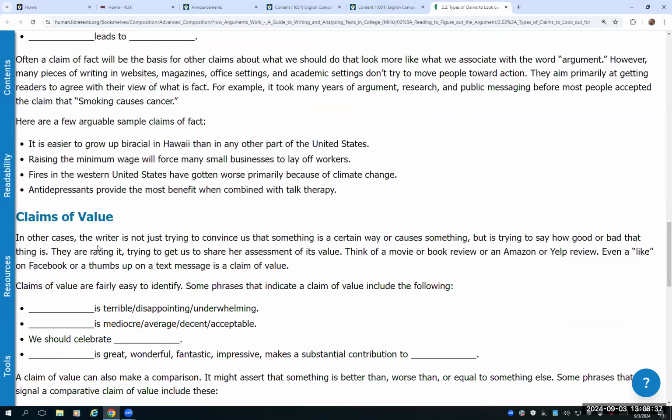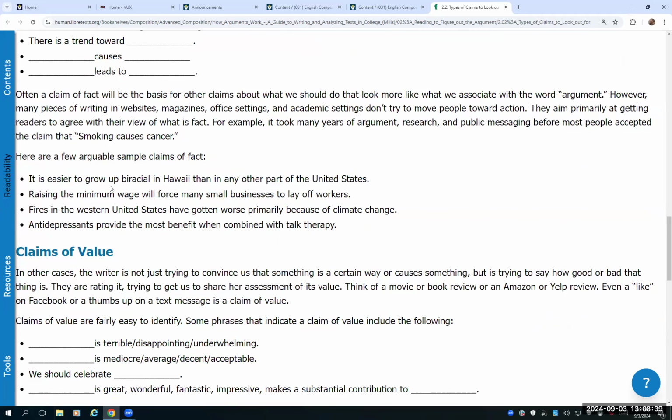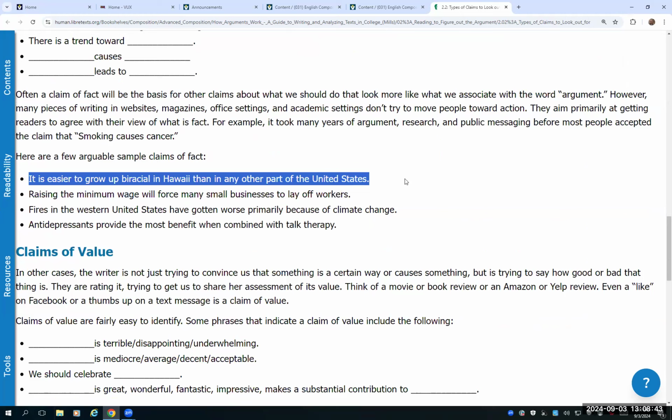Some examples here in our textbook of claims of fact is, and I'm just going to go over a couple of these. If you see something in an article and it says it's easier to grow up biracial in Hawaii than in any other part of the United States. If you're just reading that quickly, you may say, okay, they're telling me what they think or believe, but it may be up for question.